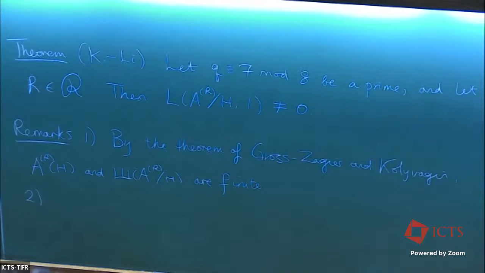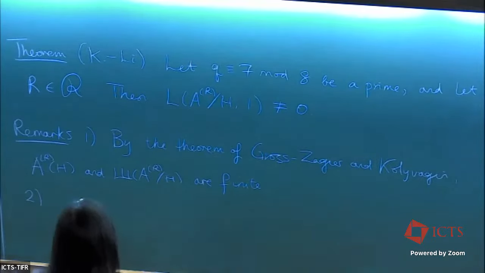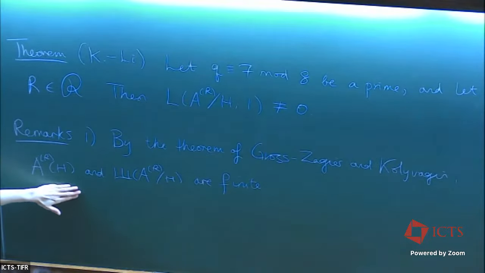A priori, of course, you can try numerical computations. There is also a root number argument. Also, you can do a 2-descent to show that this is finite. This has already been shown by several authors.